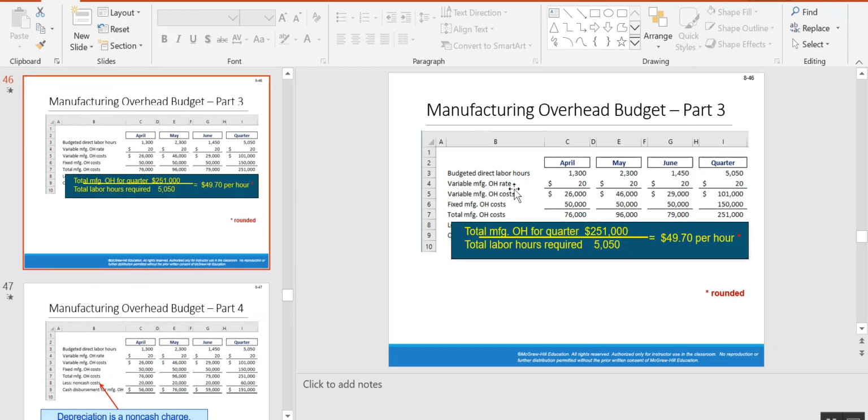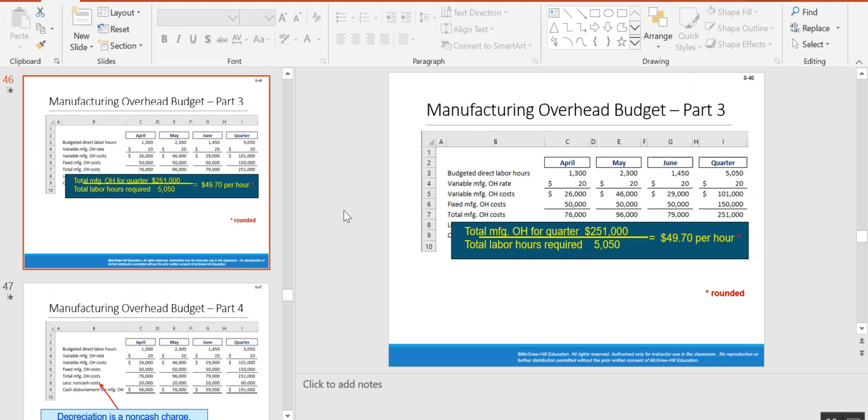So here we say, okay, variable manufacturing overhead rate will be $20 per hour, and we're going to multiply that times the budgeted direct labor hours, and we arrive at a variable manufacturing overhead cost in April of $26,000, $46,000 for May, and $29,000 for June.